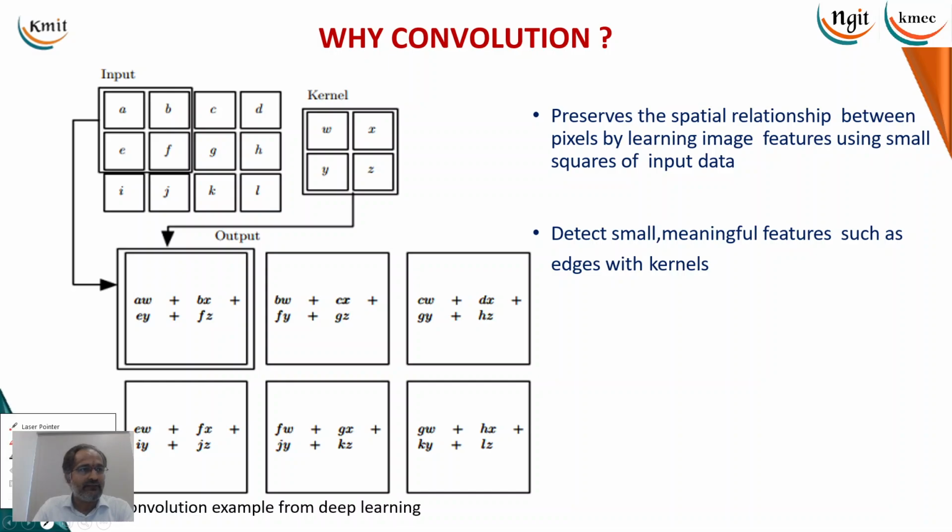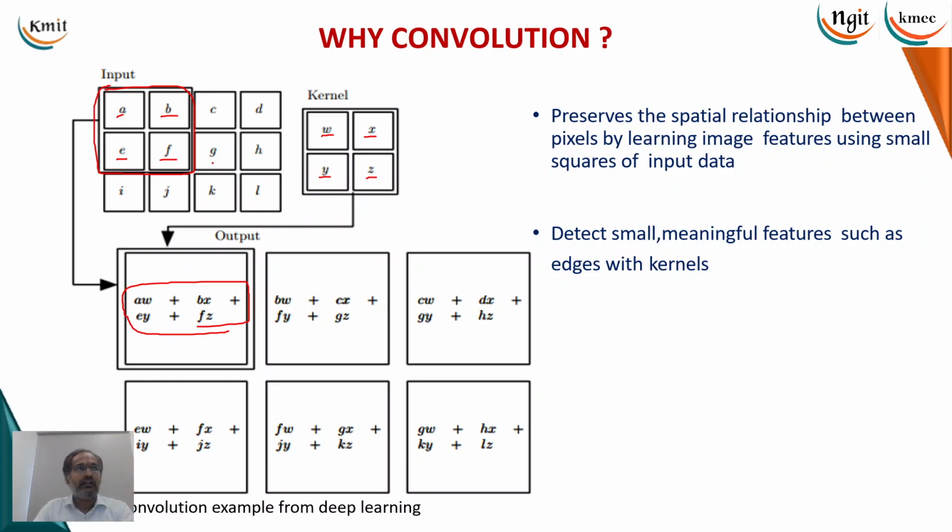Here, in the first attempt, this is the receptive field. The kernel will be placed on top of the receptive field and perform the operation. The operation is A into W plus B into X plus E into Y plus F into Z. This is the value we retrieve by using the kernel placed on the top left corner.